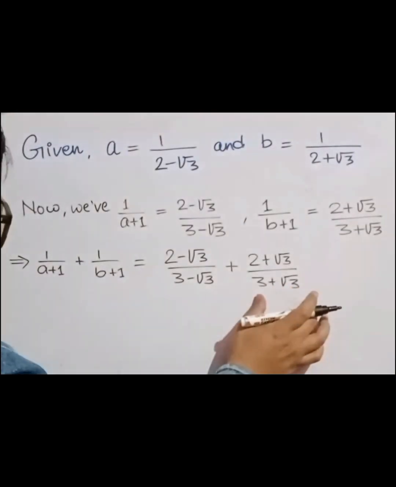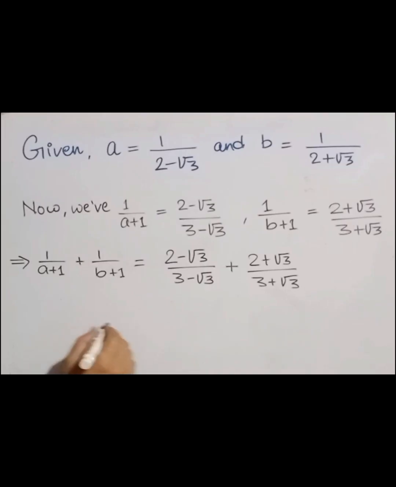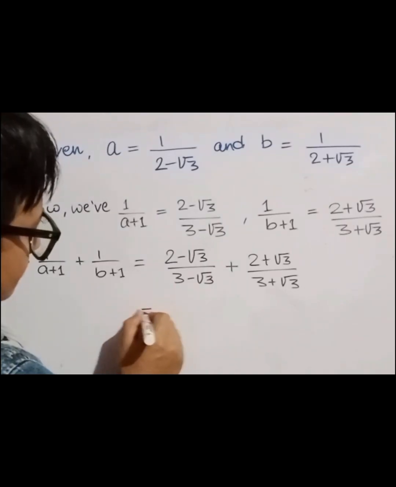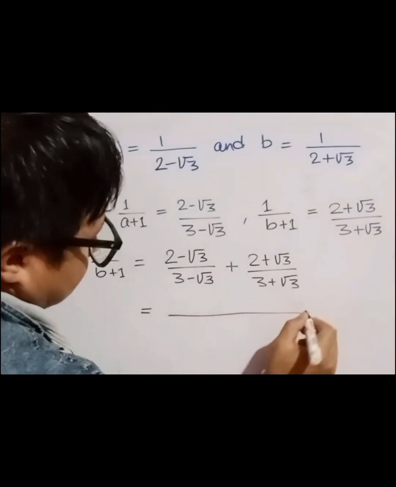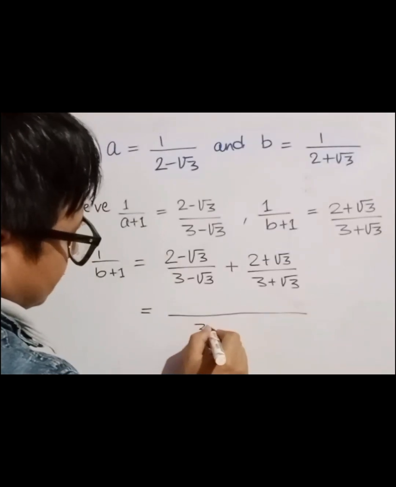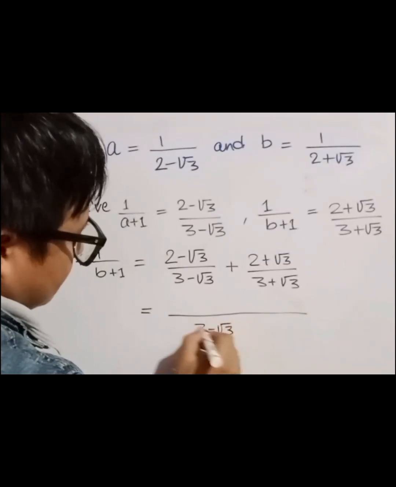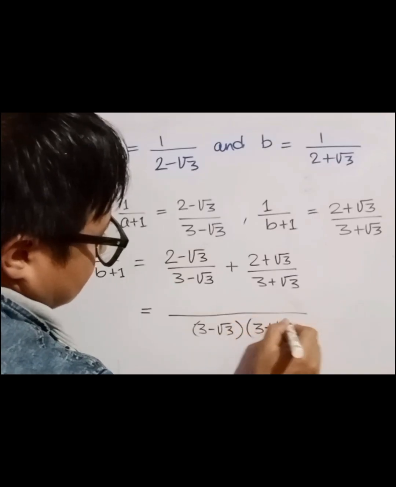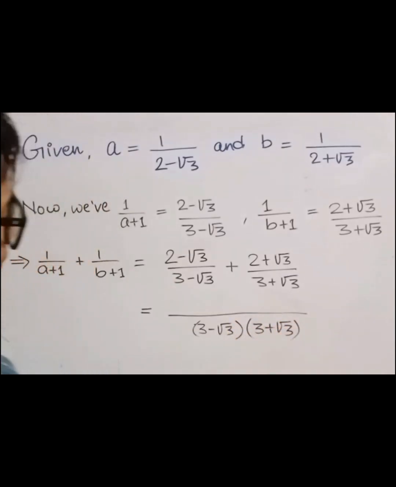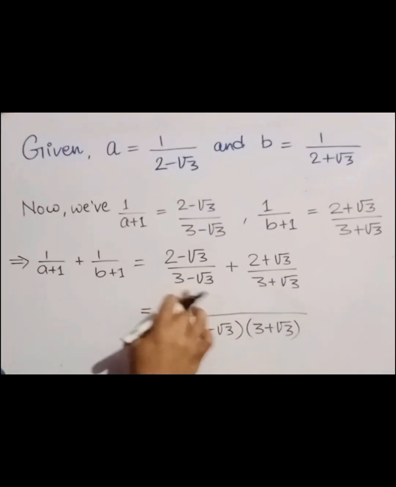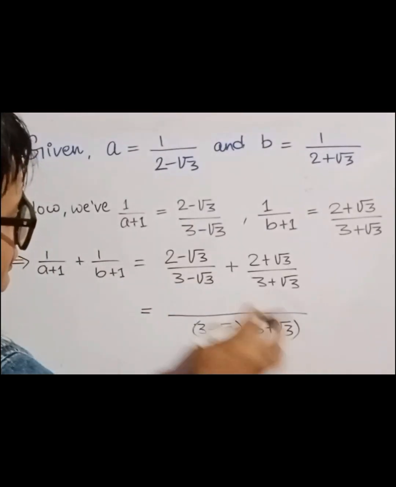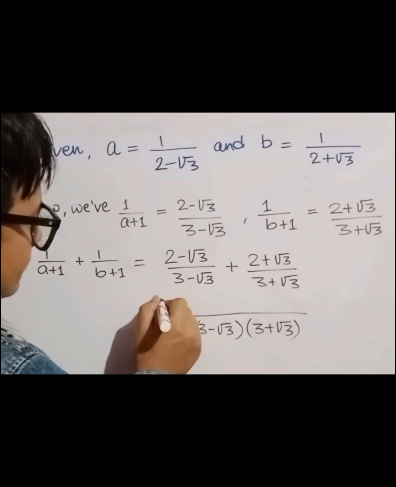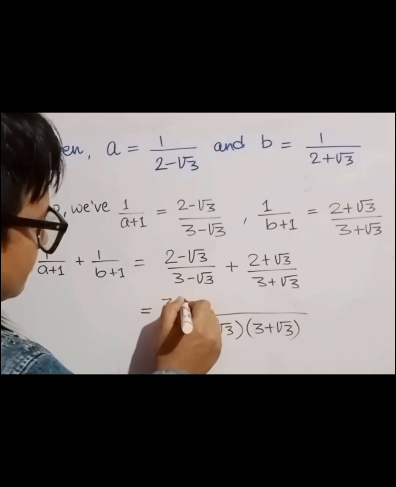To add them, we have to calculate the LCM of their denominators, which are 3 minus root 3 and 3 plus root 3. So their LCM is their product, 3 minus root 3 into 3 plus root 3. When we divide this LCM by 3 minus root 3, the quotient is 3 plus root 3, and we multiply it with 2 minus root 3.